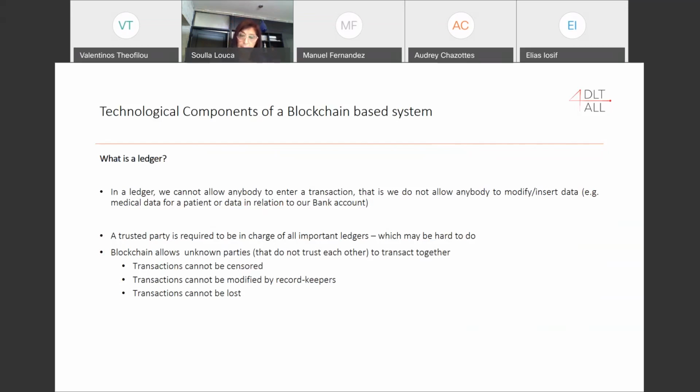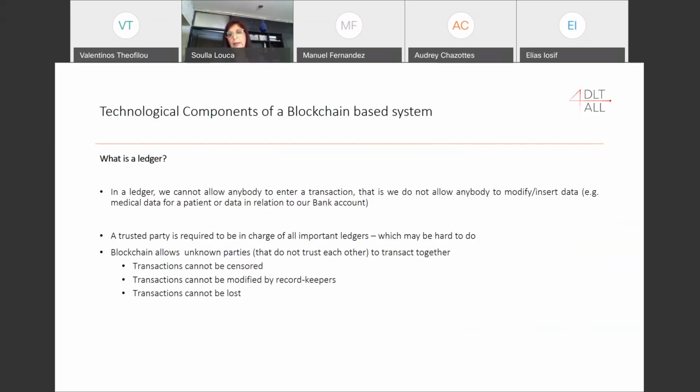When it comes to blockchains, they enable unknown parties to transact with each other without actually trusting each other. So the transactions cannot be censored. The transactions cannot be modified by the record keepers.